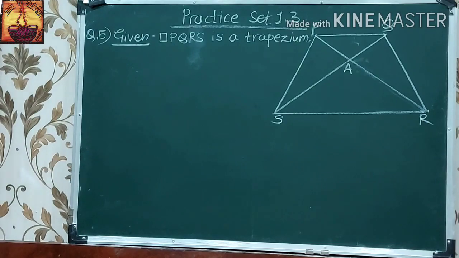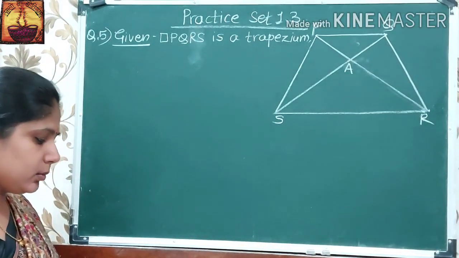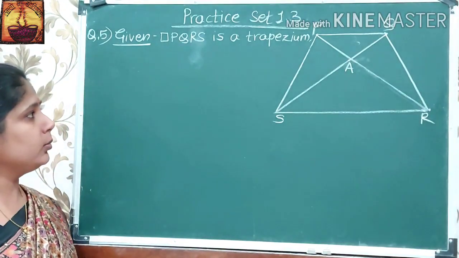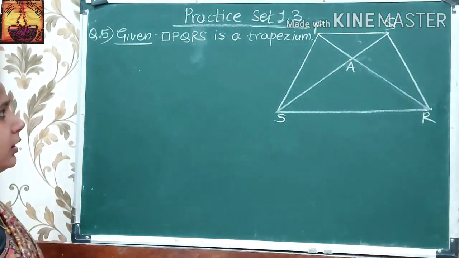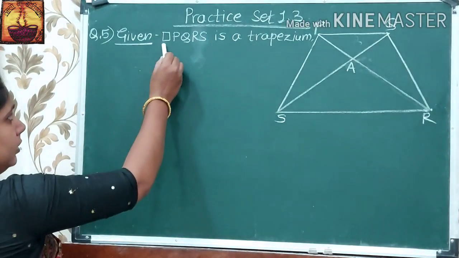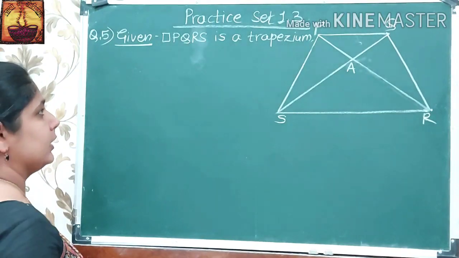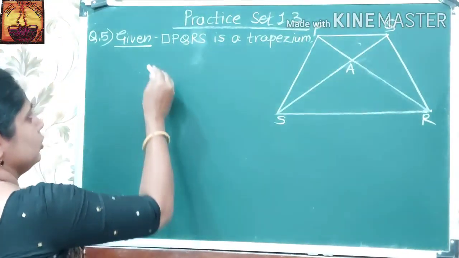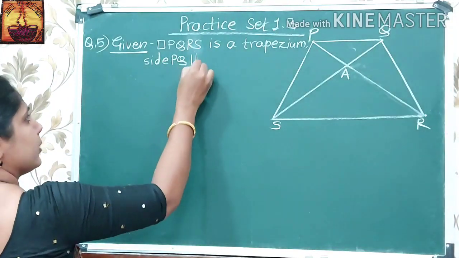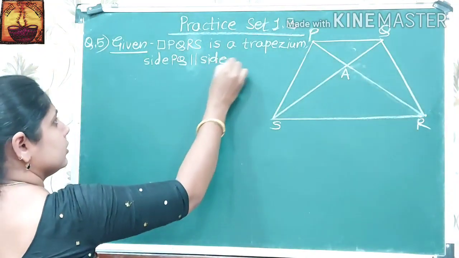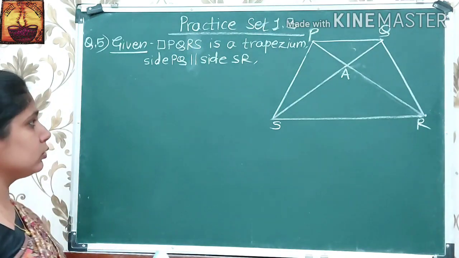Now, fifth question is, in trapezium PQRS, side PQ is parallel to SR. Therefore, write here given quadrilateral PQRS is a trapezium and side PQ is parallel to SR. Write here side PQ is parallel to side SR. Next, AR is equal to 5 AP.